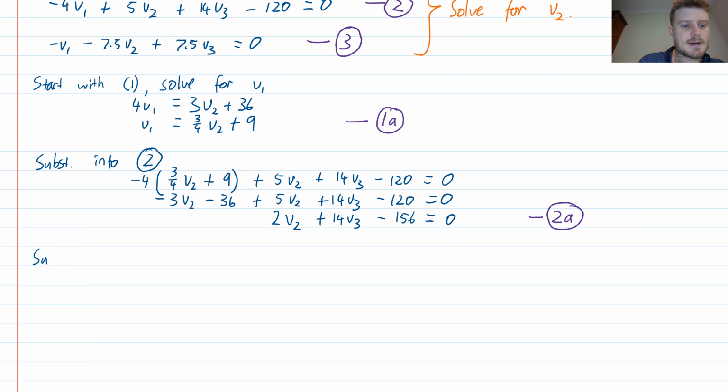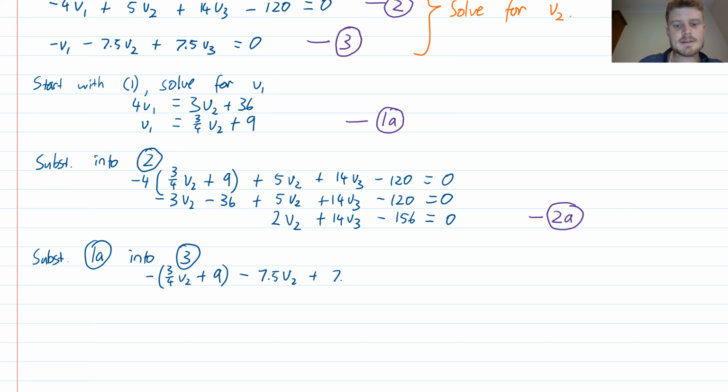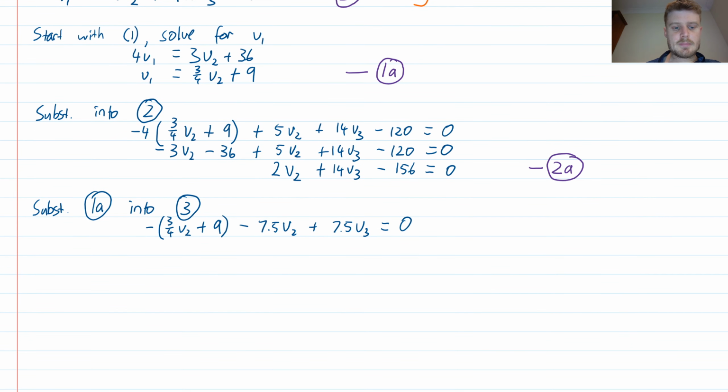So what I'm going to do is substitute from 1a, substitute 1a into equation 3. And so when I do that, I will end up with minus of v1, but v1 we've calculated to be 3/4 v2 plus 9, minus 7.5 v2 plus 7.5 v3 is equal to 0. And we can probably clean this up a little bit.